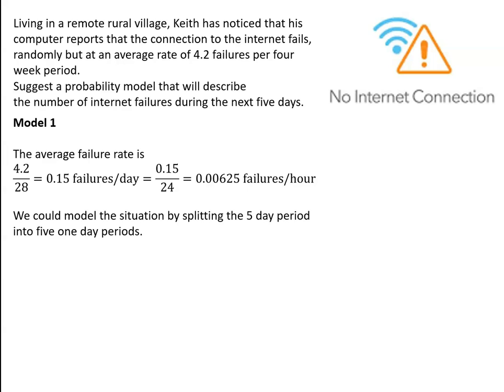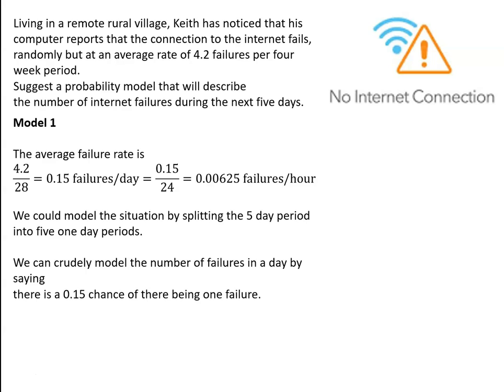And for each of those one-day periods, say that there is a 0.15 chance of there being a failure and a 0.85 chance of there being no failures. So that will certainly ensure that I've got the expected 0.15 failures per day.